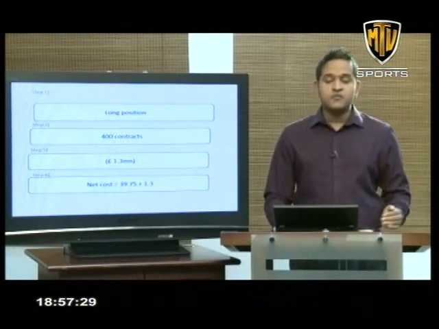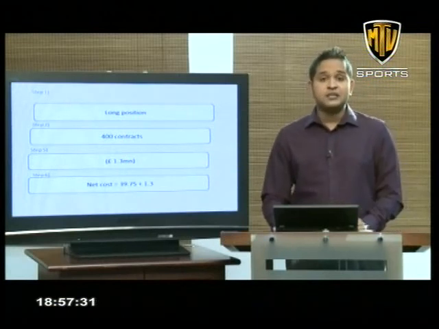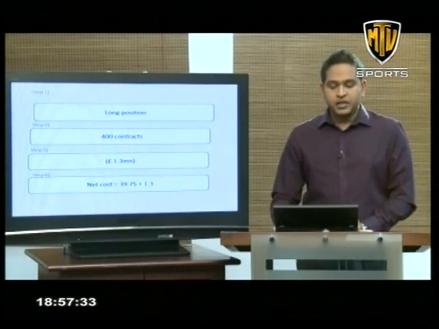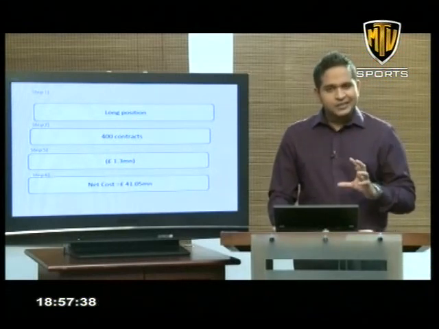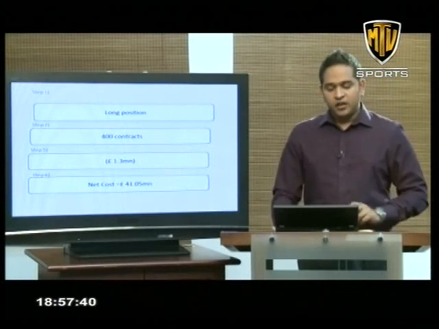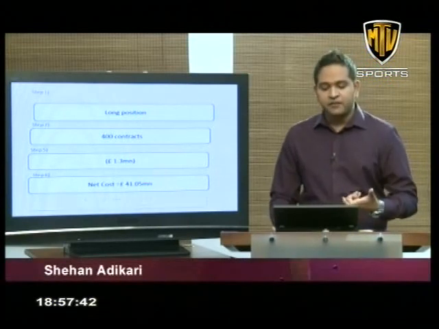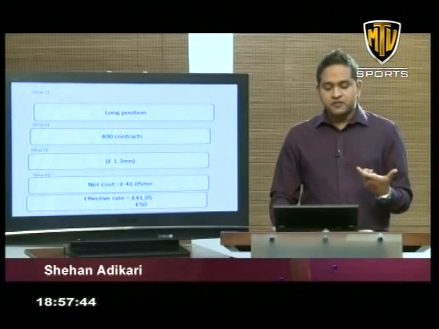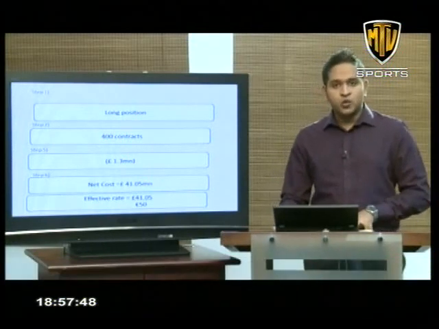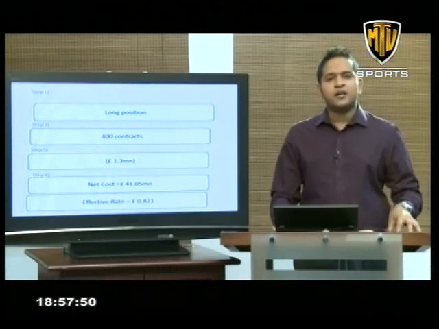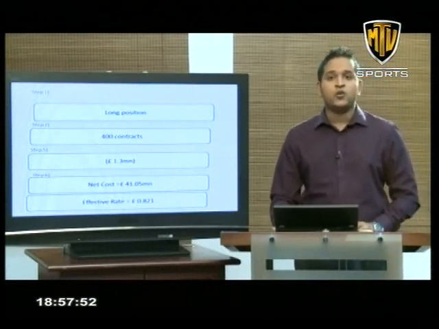Finally, my net cost comes to 39.75 plus the 1.3 million loss I incurred, and my net cost comes to 41.05. What is the beautiful thing about futures? If you see the net effective rate, effectively I've spent 41.05 million sterling to settle a 50 million euro payment, and my effective rate is exactly 0.821.